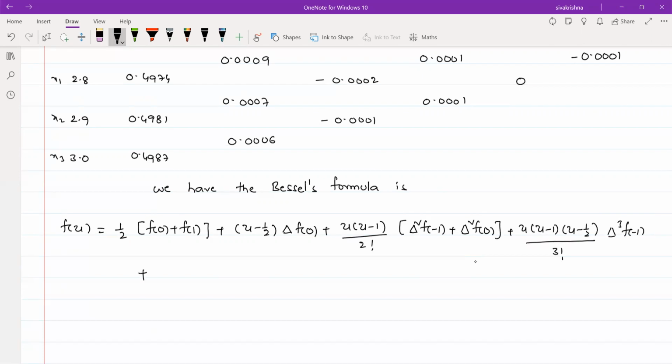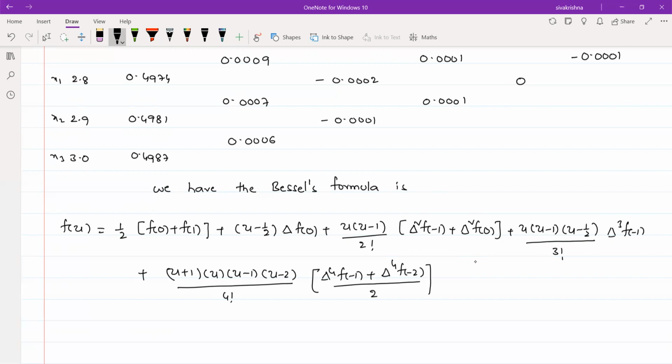And coming to the next term, that is plus u plus 1 into u into u minus 1 into u minus 2 by 4 factorial into delta power 4 f of minus 1 plus delta power 4 f of minus 2 by 2.